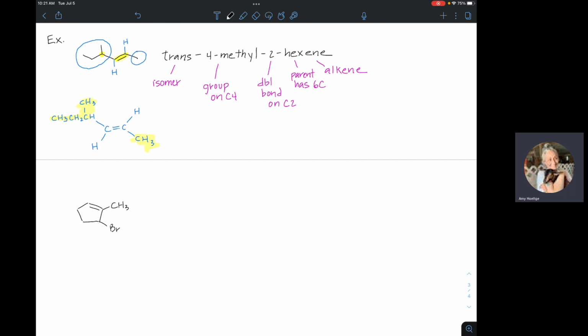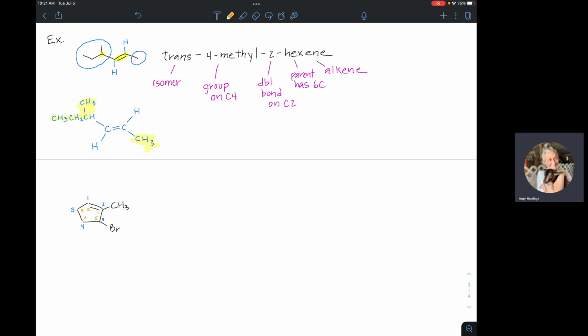So in this particular case, I could go 1, 2, 3, 4, 5, or I could go 1, 2, 3, 4, 5. So if I take the blue pathway, the methyl group is going to be on carbon 2, and the bromo group is going to be on carbon 3.